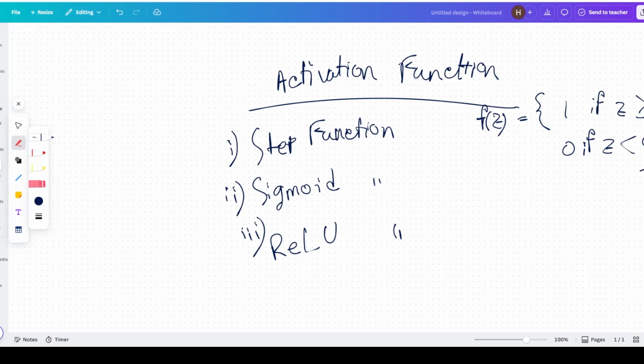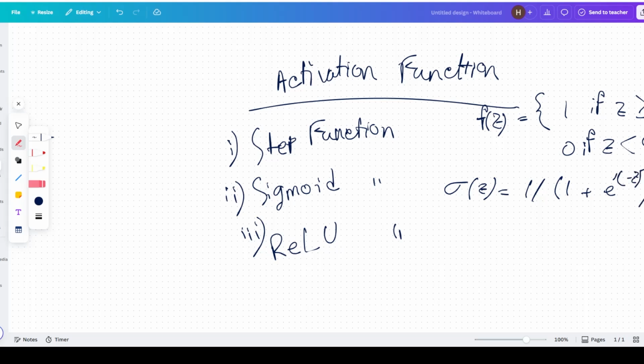And the sigmoid of z is 1 over 1 plus exponential of negative z.